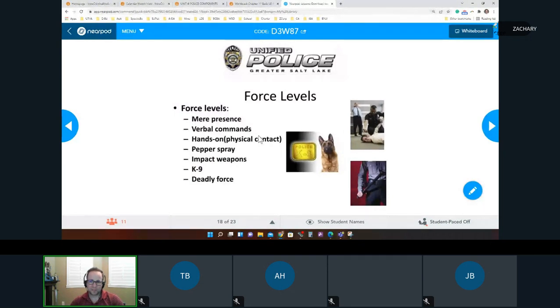Then verbal commands. Then you have hands-on physical contact, pepper spray, impact weapons, which you see in this picture right here, or you could even do taser. Then you also have the canine units, and the last being the use of deadly force.